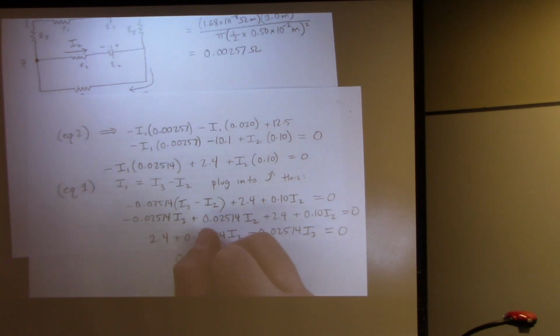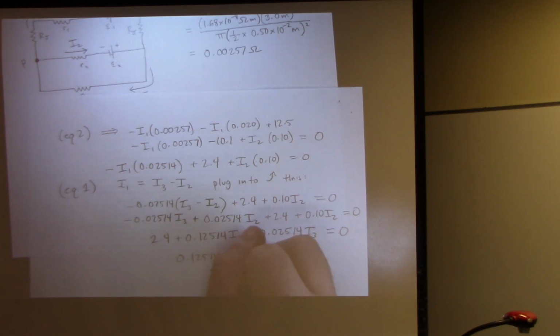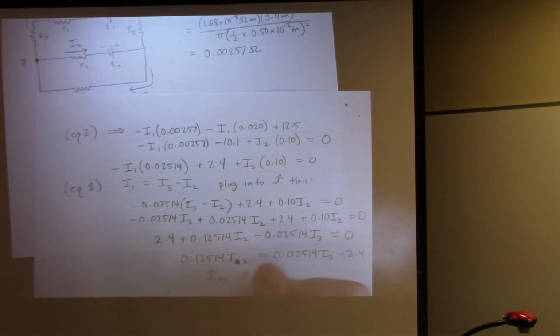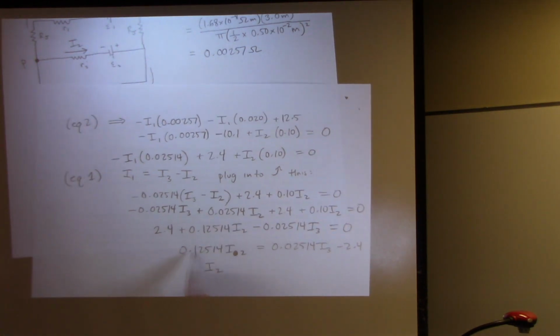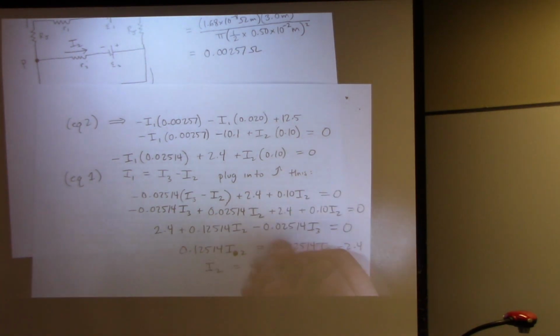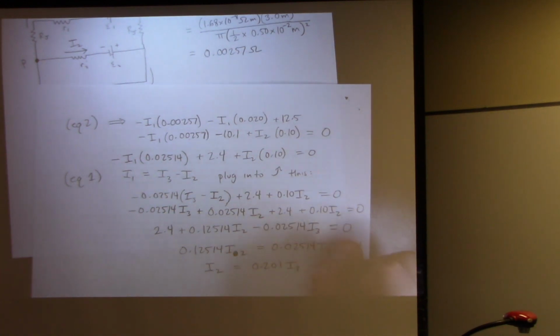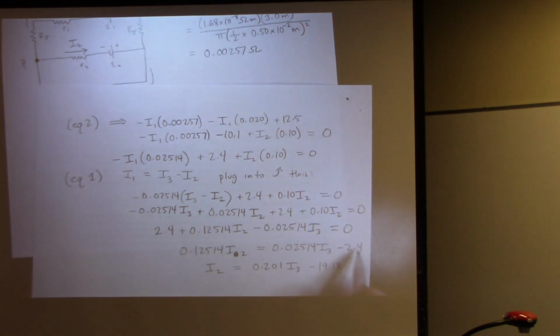So we have 0.12514 I2 is equal to positive 0.02514 times I3 minus 2.4, which gives us, if we divide out this factor right here of 0.125 and so on, 0.201 times I3 when you divide out this factor, and then minus 19.18 when you divide it from the 2.4.